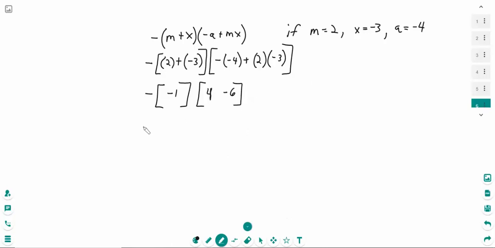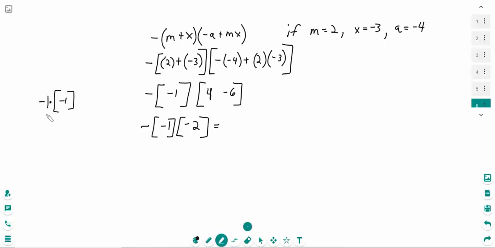Okay. Now we can simplify these even further. We have our negative. This one is still a negative 1. And then we have our second bracket. 4 minus 6 is a negative 2. So now we've simplified our two brackets as far as we're able to. We can now multiply. Now remember this, think of this as a negative 1 times the bracket negative 1.